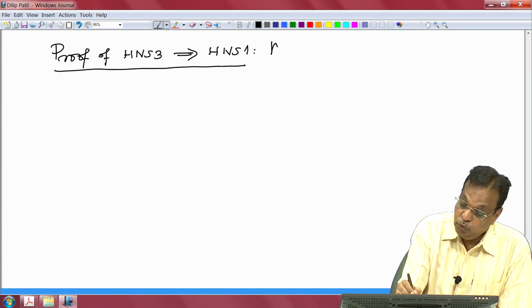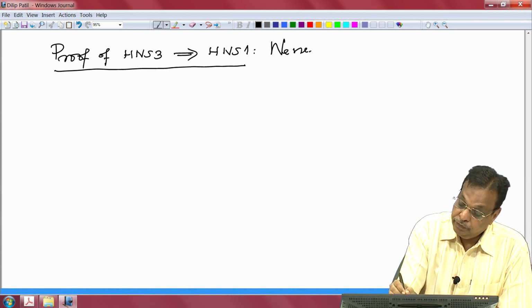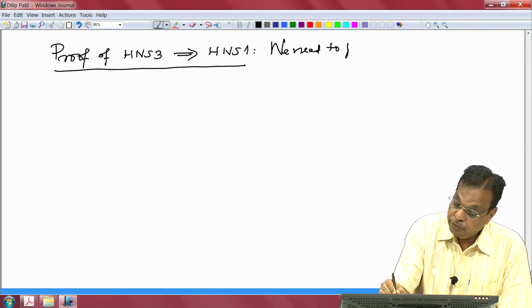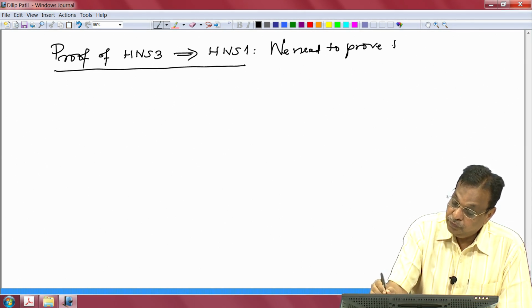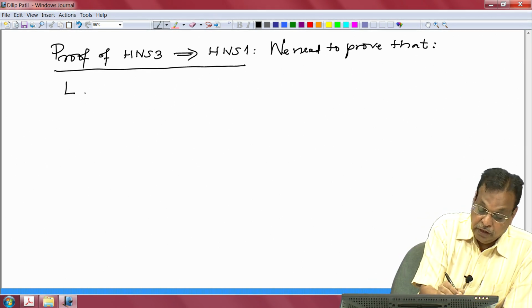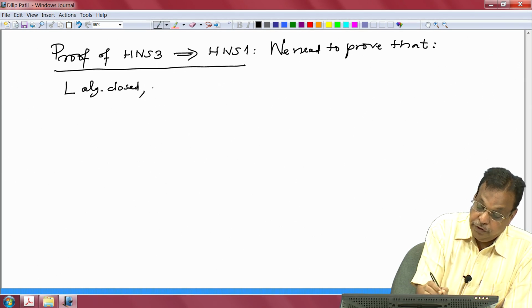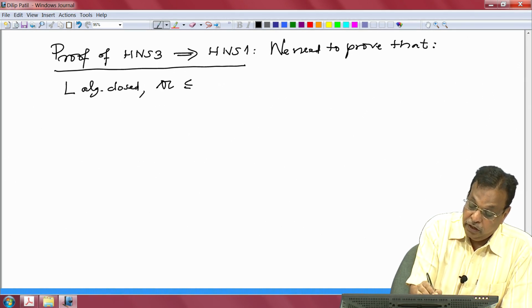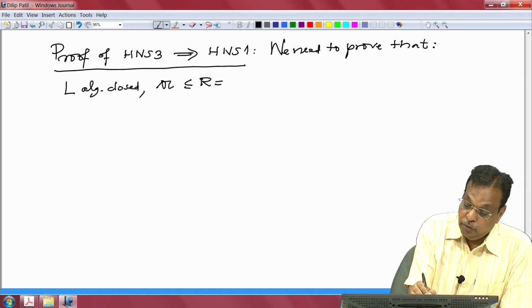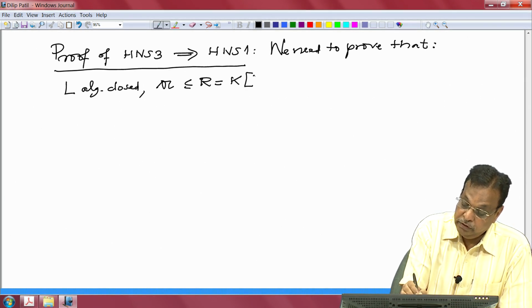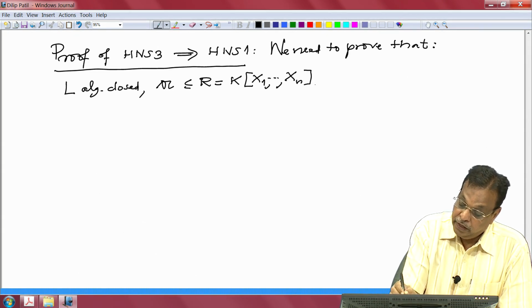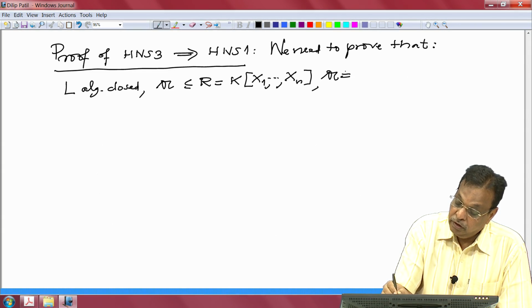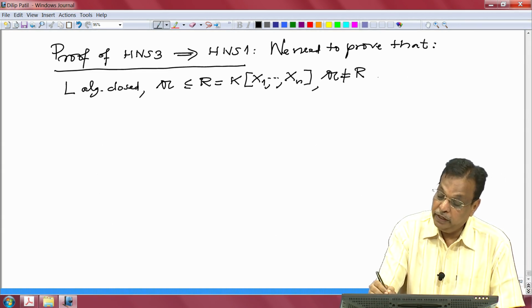We are given that L is algebraically closed. Also, we are given an ideal A in the ring R, which is a polynomial ring over K in n variables, and A is not the whole ring R, it is a non-unit ideal.